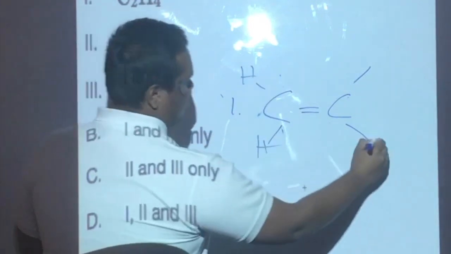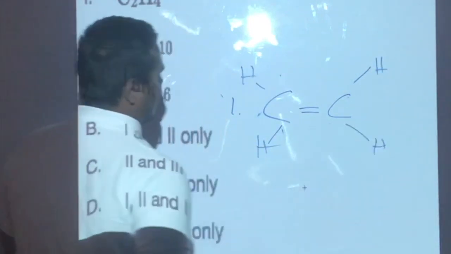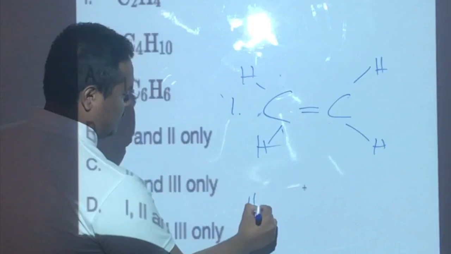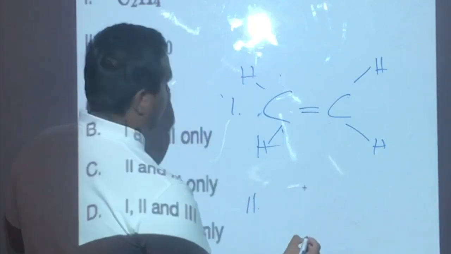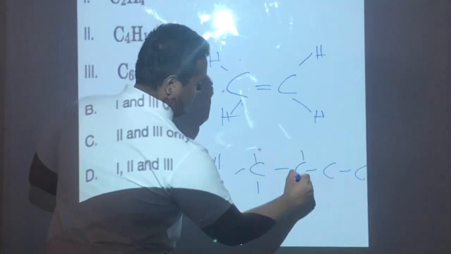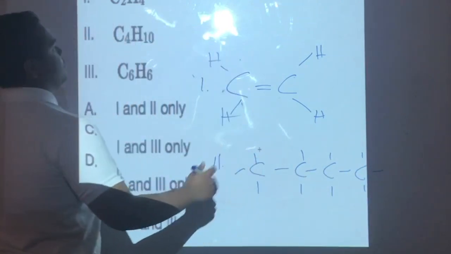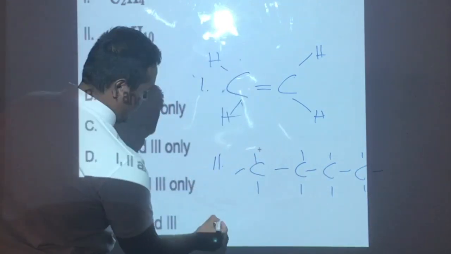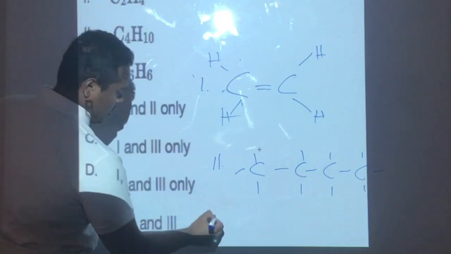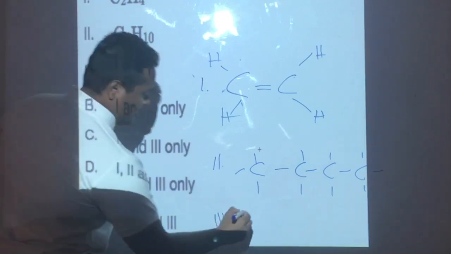And this is the first structure. I'm just going to continue with these structures. We now have C4H10, and I'm just going to not draw the hydrogens here, but we are supposed to in the actual papers. As for number 3, we can see it is the benzene ring.